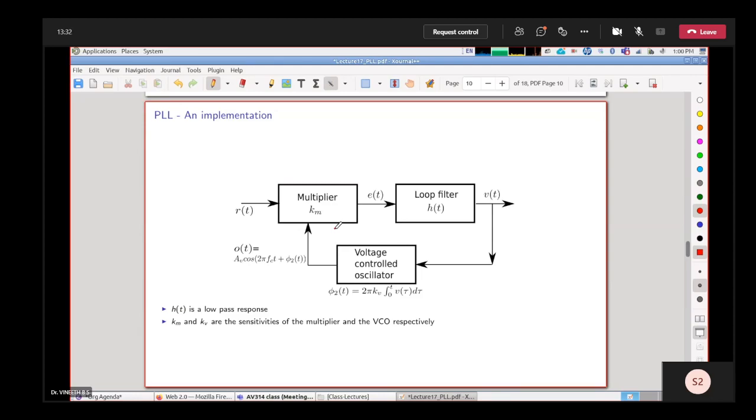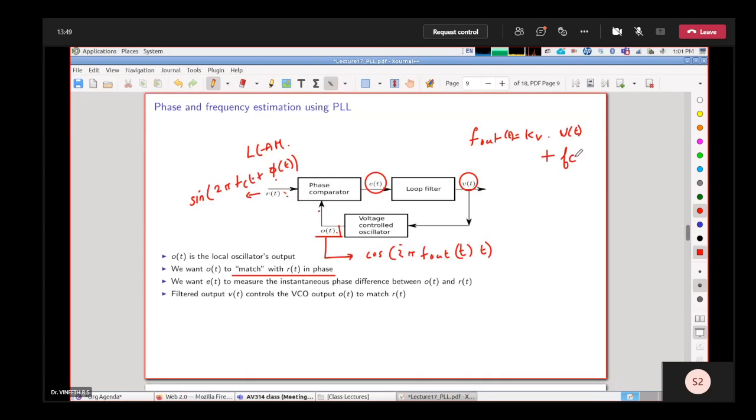Then for the voltage control oscillator, we are going to say that its output O of t is some AV amplitude times cos 2 pi fct plus phi 2 of t. Here fc is the free running frequency that we had.